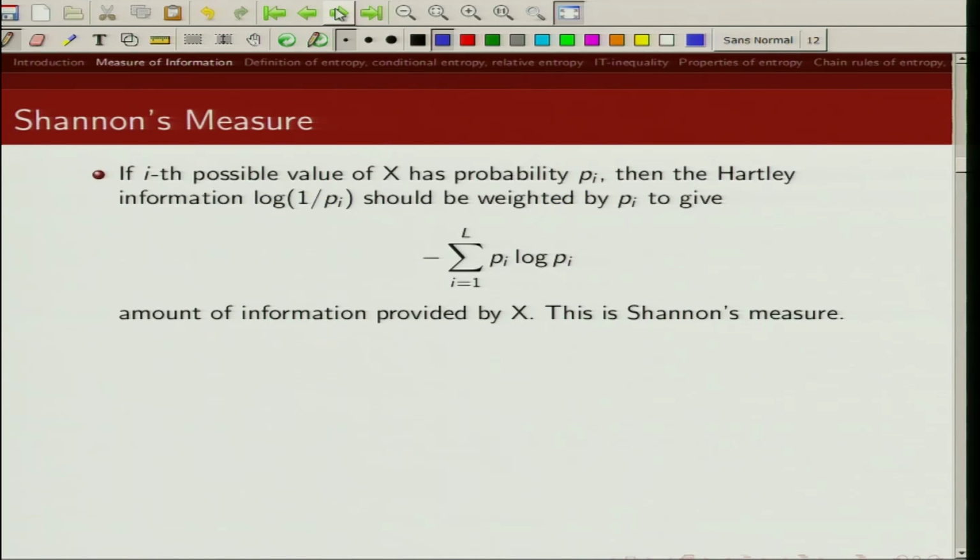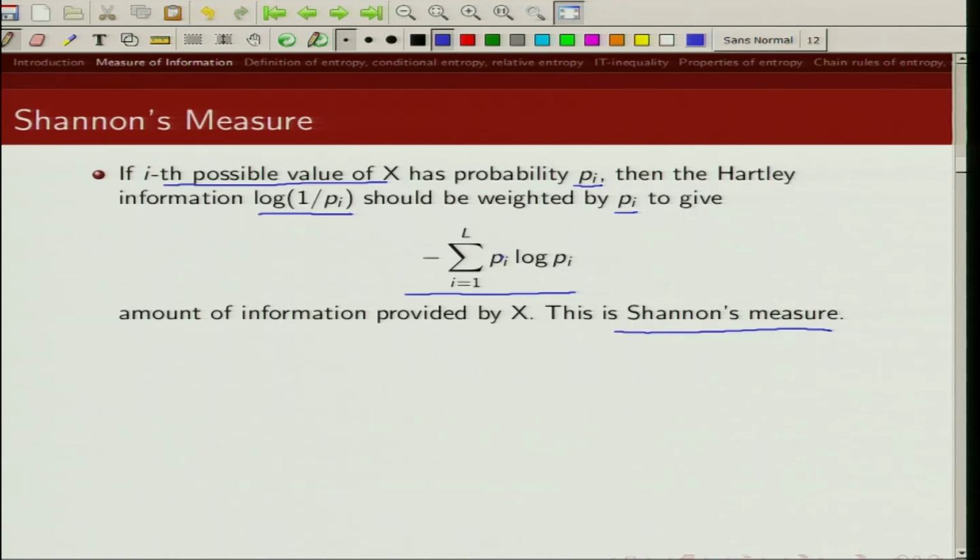So that was taken care of in Shannon's measure of information. If the ith possible value of the random variable x has probability pi, then if we weigh Hartley's measure, which in this case would be log of 1 by pi, by pi and sum it over all possible values of x, we get what is known as Shannon's measure of information.